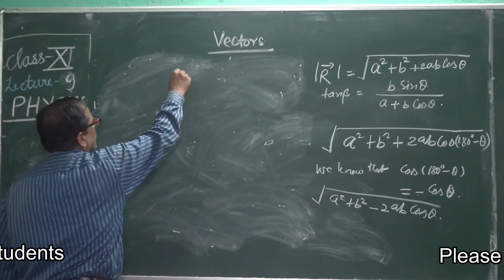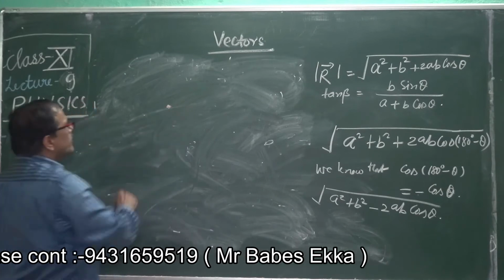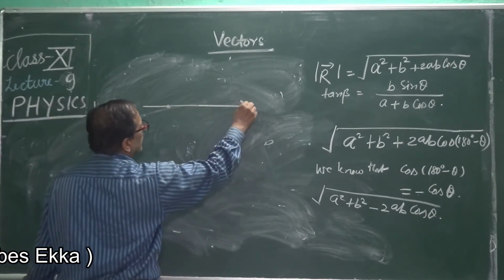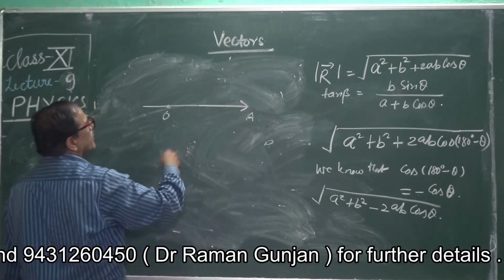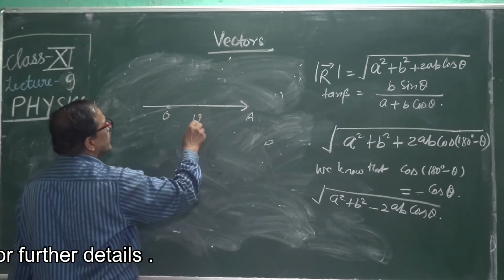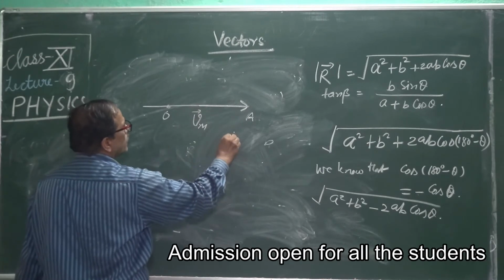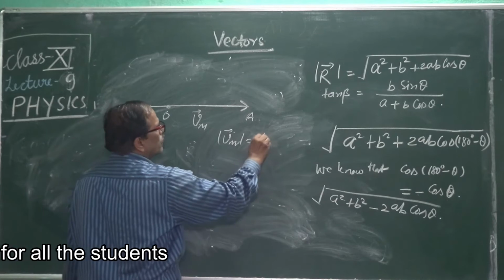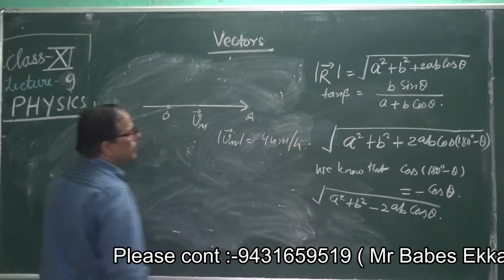See here, this is the point of action, and this is the vector OA we say, the vector of man running, so Vm, and magnitude of Vm is given 4 kilometer per hour.